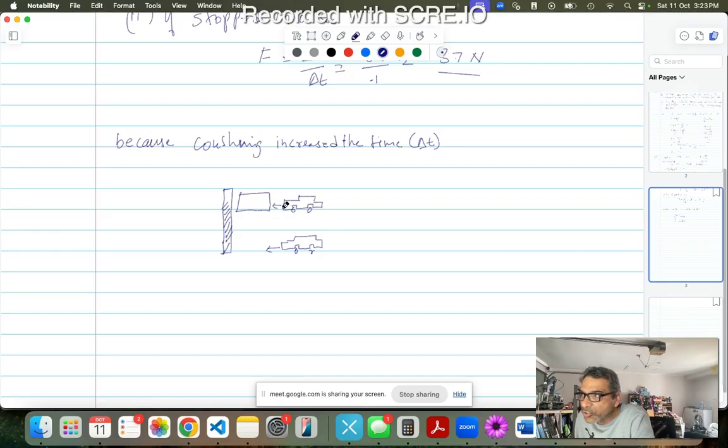The car has to go through this first and then hit the wall.